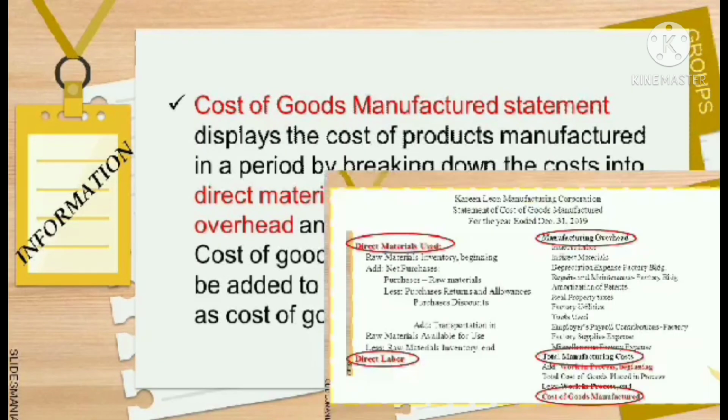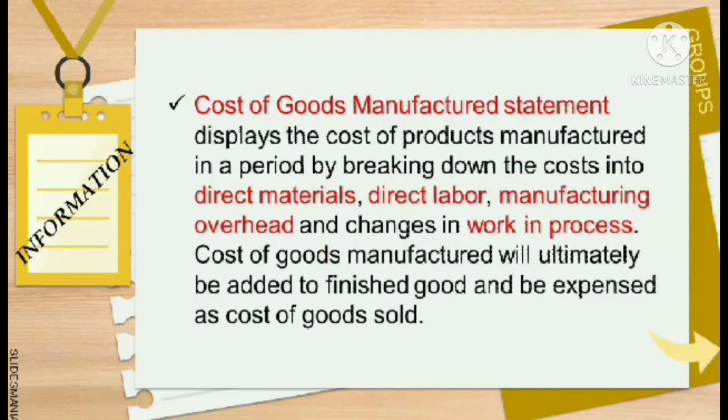Again, the cost of goods manufactured statement displays the cost of products manufactured in a period by breaking down the cost into direct materials, direct labor, manufacturing overhead, and changes in work in process. Cost of goods manufactured will ultimately be added to finished goods and be expensed as cost of goods sold.